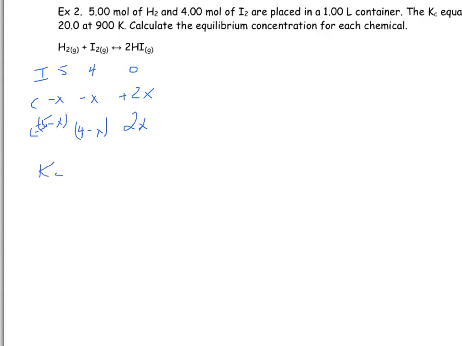When you write the equilibrium expression, don't forget to raise the concentration of the HI by 2. You have a 2 coefficient here. My question tells me that that equals 20.